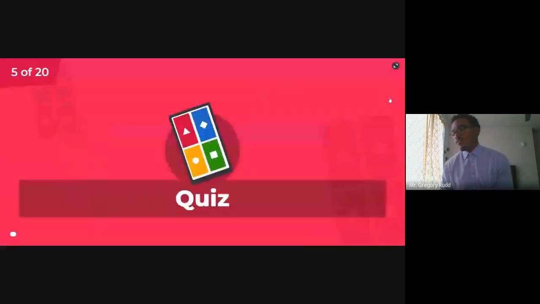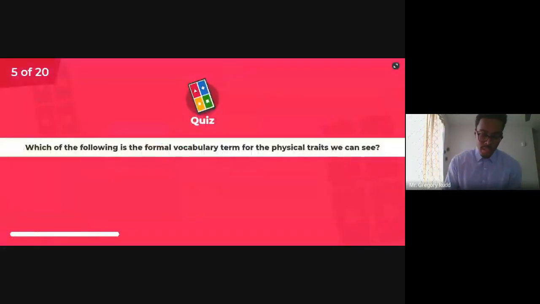Which of the following is the formal vocabulary term for the physical traits we see? Physical traits.